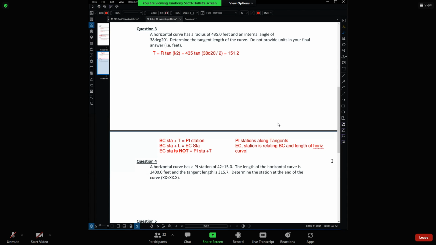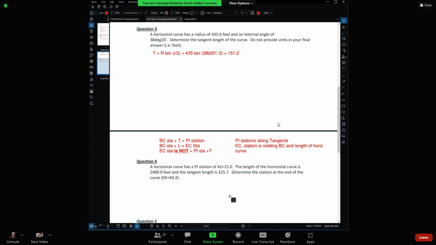So again, historically on finals, I've seen students do this incorrectly. So again, another note probably to have on your horizontal note sheet that the PI stations, I can add my tangent lengths, but for my EC station, I need to go from my BC station.